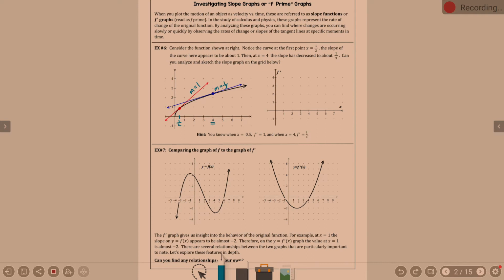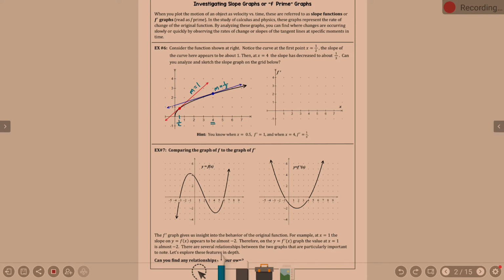That slope isn't nearly as steep, is it? So when we first start at the beginning of this graph, the slope is more steep, yes? If we went closer to 0, that slope would be steeper than 1. Steeper, steeper, okay? As this graph goes farther out, the slope is getting less and less steep.